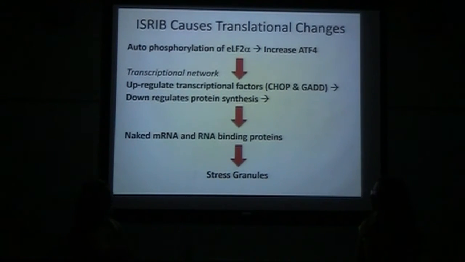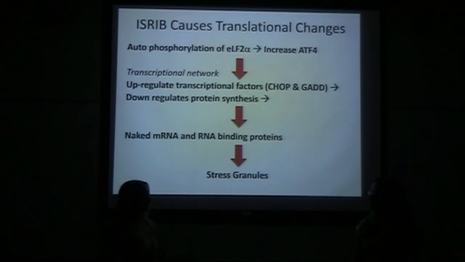Once that ATF4 production increases, it is the head of a transcriptional network, and it upregulates your transcription factors, which we talked about, your CHOP and your GADD, and it downregulates your protein synthesis. That leaves you with your naked mRNAs and RNA binding proteins, which eventually leads to the formation of your stress granules. Now, the stress granules, as we said before, is what leads to your inability to go from your short-term to your long-term memory.